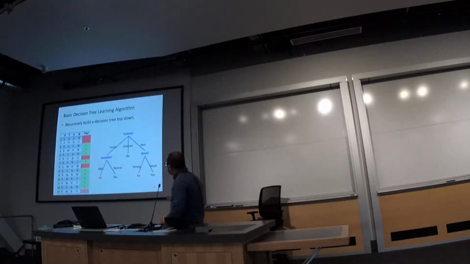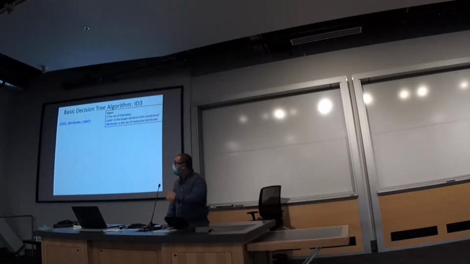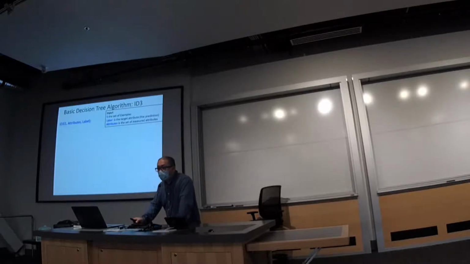So now let us get to the details. This is the decision tree algorithm ID3. To do this, the input consists of 3 types of inputs. First, S is the set of examples associated with the current node.